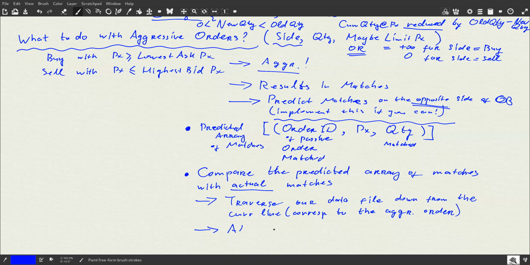All matches will have, first of all, an action. What is the action for a matched order? It is either delete, the passive order has been eaten up completely, or maybe change. And the change can be only once. All right.